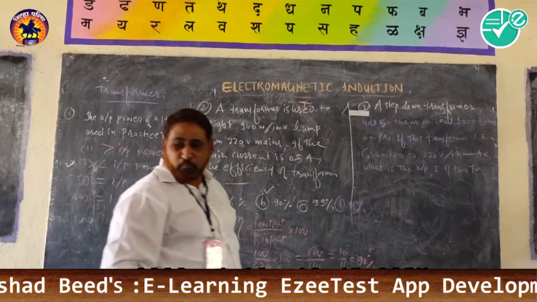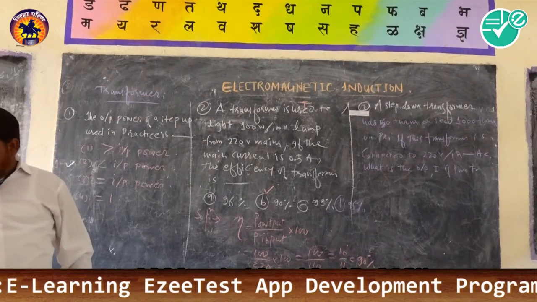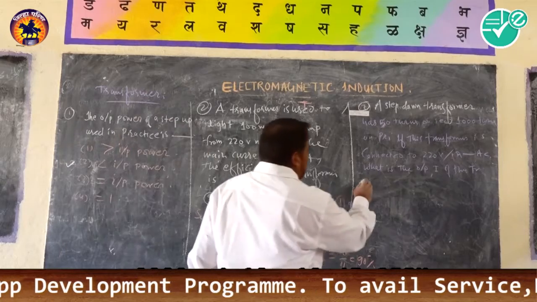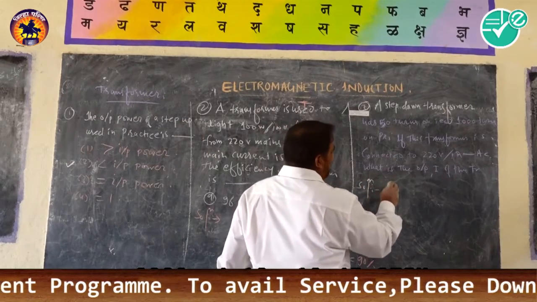This is the question. So see here, we have seen a formula, Ns upon Np is equal to Vs upon Vp. Solution to this problem is like this.